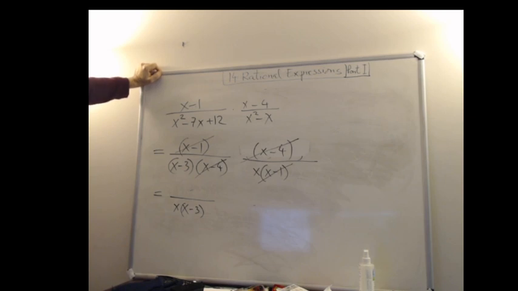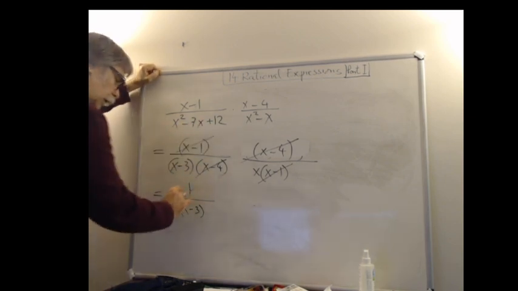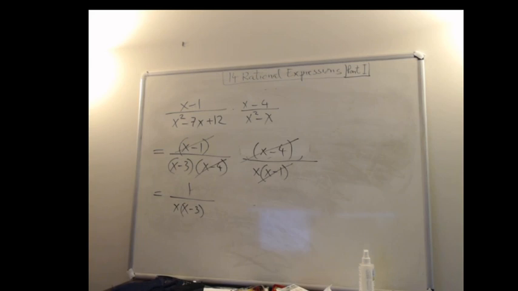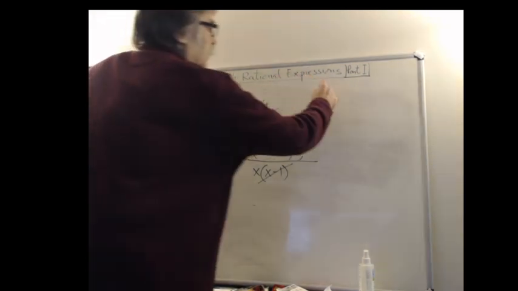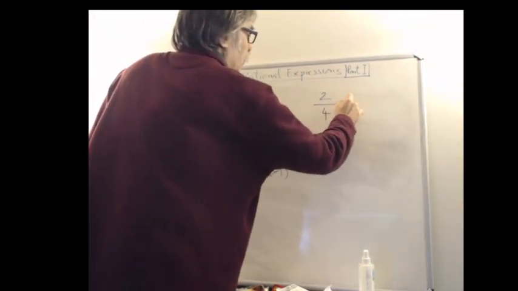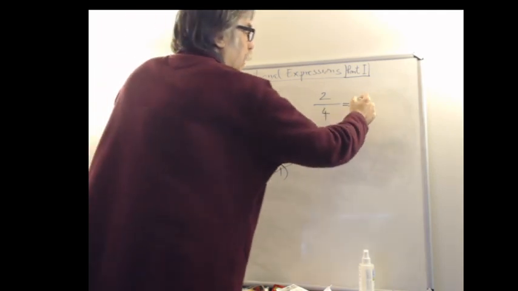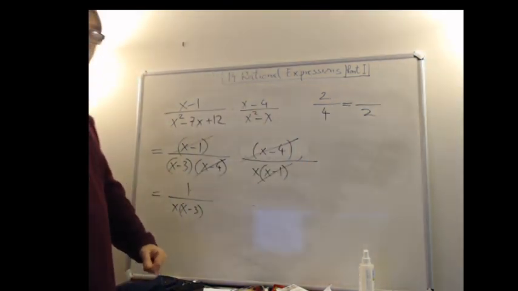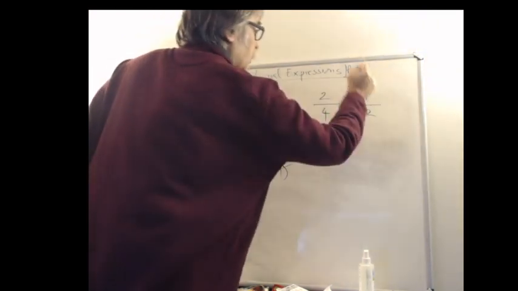This is not an answer. On the top you have 1 left, right? You have to remember that. When you cancel everything in the numerator, 1 stays. Think about this: 2 divided by 4. You cancel 2 and 2, and you're not going to write 2 and be done. No, your 1 stays.